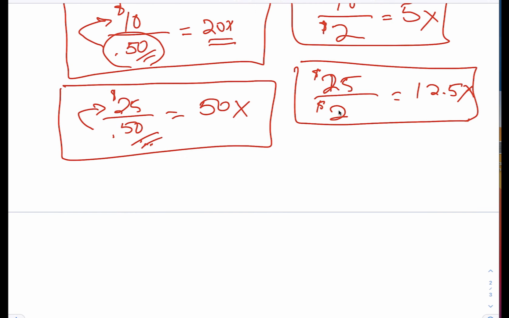One, compare it to a market index like the S&P 500, which would represent the average stock. Two, compare it to the stock's own history of PE ratios to see if it's high or low compared to the past. And then three, compare the stock to other stocks in the industry to see if the stock price is high or low using the PE ratio.